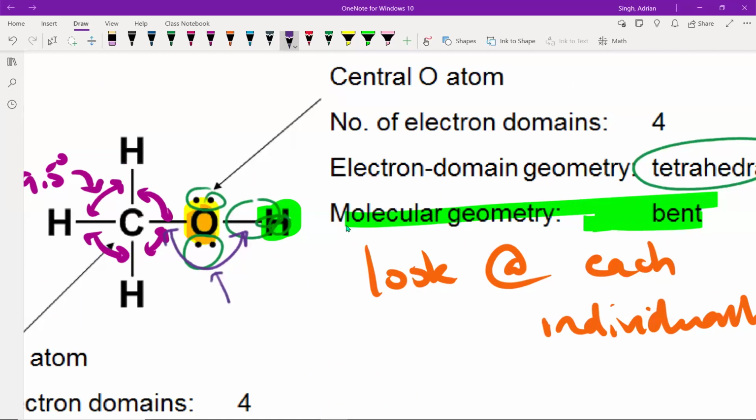We can say this bond angle here is going to be less than 109.5, because the shape around there is that bent shape. So even though your Lewis structure kind of looks like a straight line, it's definitely not a straight line in the actual structure.